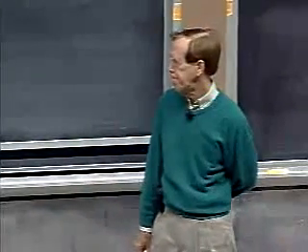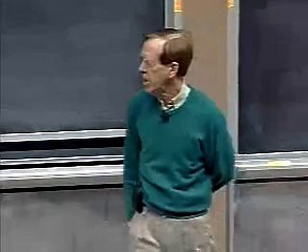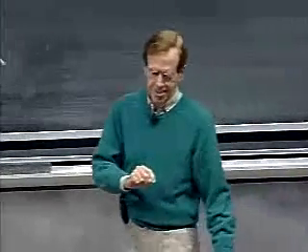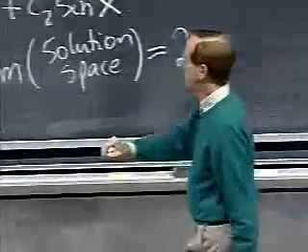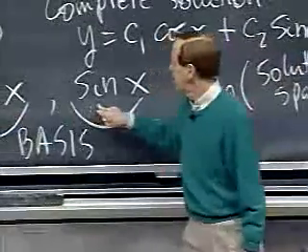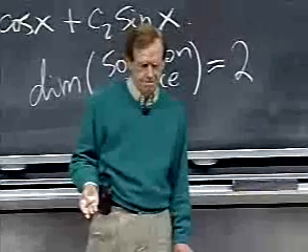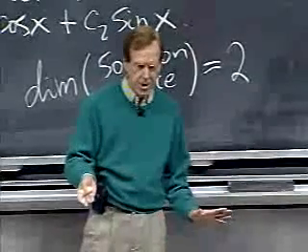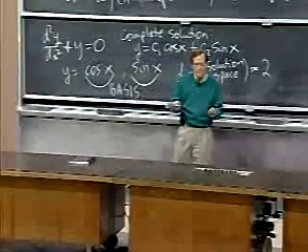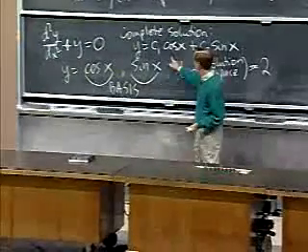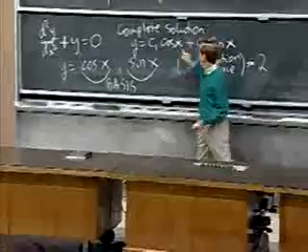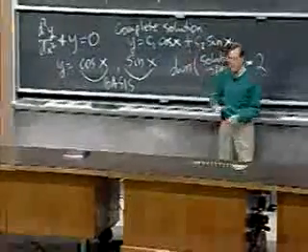Okay. So that's one more example, and of course the point of the example is these things don't look like vectors. They look like functions. But we can call them vectors because we can add them and we can multiply by constants, so we can take linear combinations.